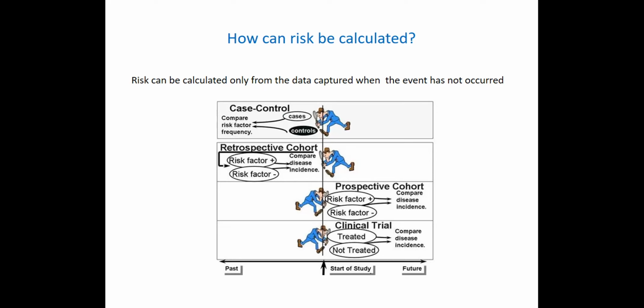For example, the retrospective cohort is common now in industrial and occupational health research, where people worked and were exposed to some factors in the environment maybe 30 years ago, and after 20 years, 10 years ago, they developed the disease.